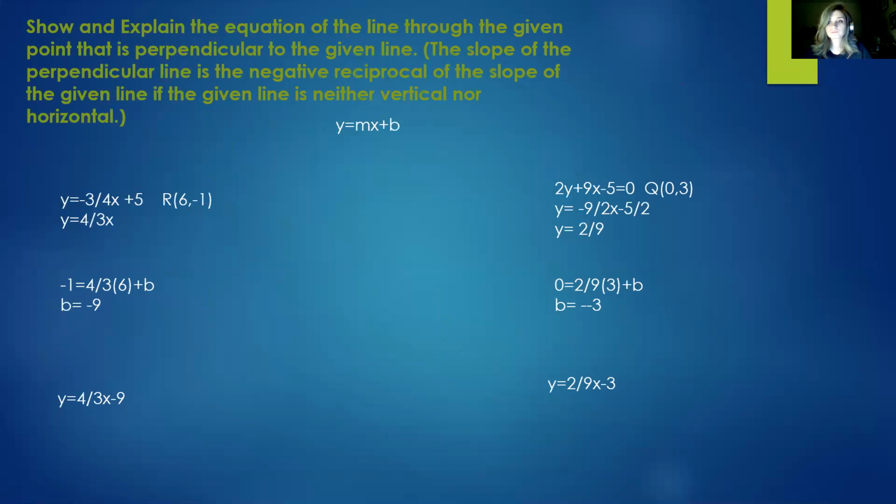Or you can just see if it's a negative number, we're taking away the negative, or if it's a positive number, we're adding the negative. And then we have our x and y coordinates right here, so we plug those in. We have y and x, and that would just leave us with b, because that's what we're looking for. And then we solve for b, and there's our equation.